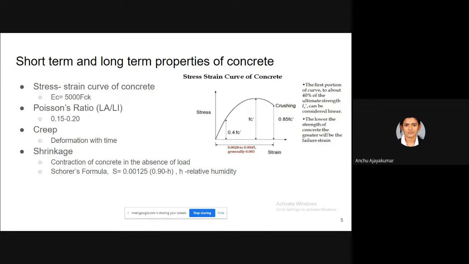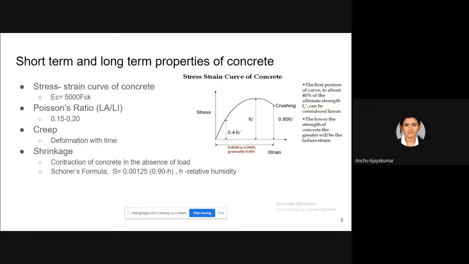Maybe you can observe creep in a beam at the age of 15 years after construction. During the life cycle of the building, this deformation occurs due to the continuous application of the load, especially cyclic load. So the deformation with time is defined as creep.